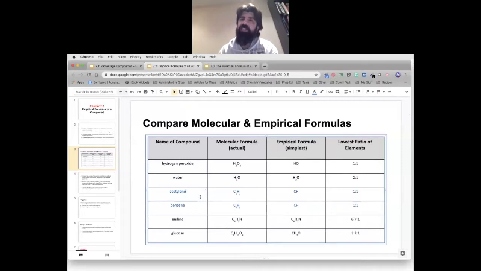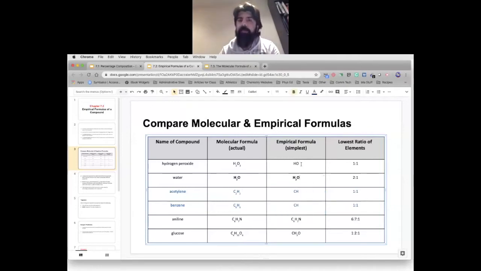And then if I ask you to find the percent composition of carbon and hydrogen in benzene, you will notice that they will both have the exact same percent composition. They have the same percent composition because they have the same empirical formula. So when two molecules share the same percent compositions, it's because their empiricals are exactly the same.